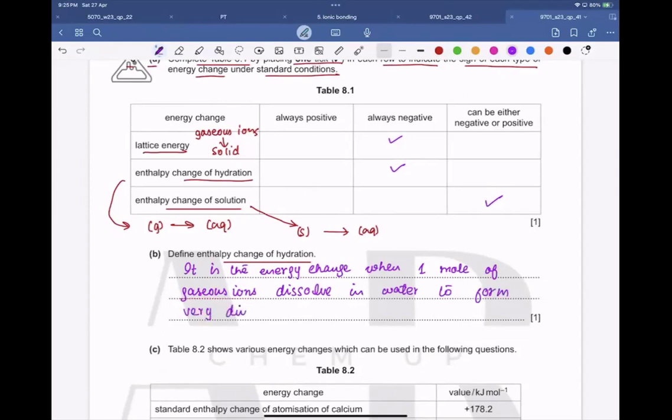There is no need to write standard conditions because they didn't ask for the standard enthalpy change, right? Very dilute solution.